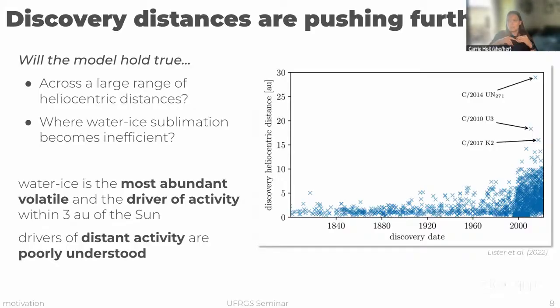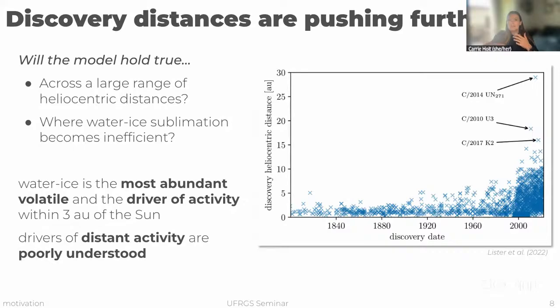And then also, will it hold true in a totally different regime where water ice sublimation is inefficient? And this is also important because beyond 3 AU from the sun, the drivers of this distant activity are much less understood than the water ice sublimation near the sun.